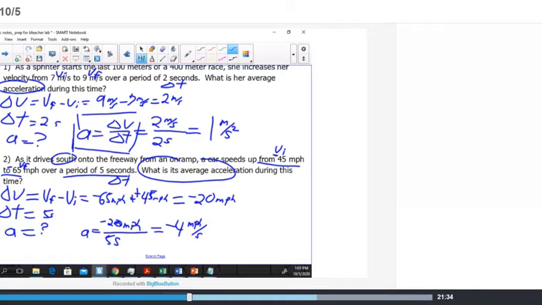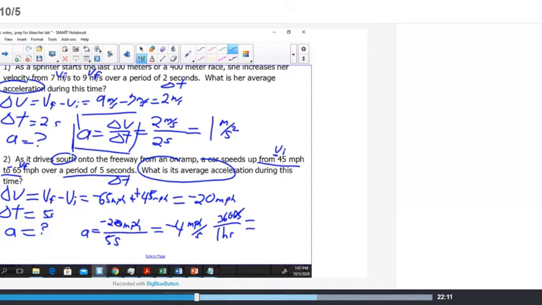But we're so used to talking about the velocities of cars in miles per hour. How could we change this? We could convert the seconds to hours. How do you convert seconds to hours? The seconds cancel each other.